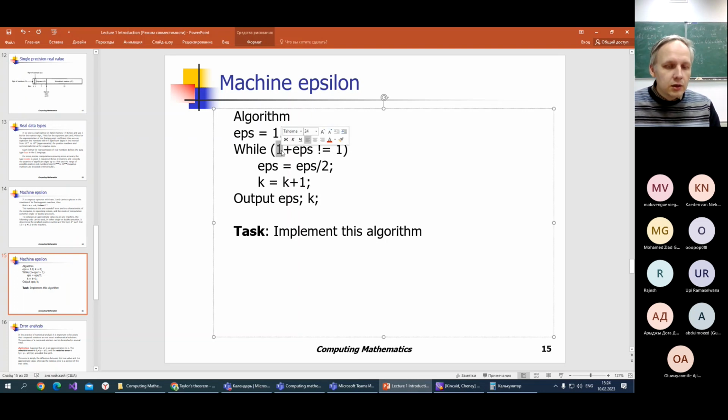Then 1 plus 0.5 is 1.5. Is it equal to 1? No, and we divide it over 2. And so on. We decrease epsilon, and after several steps, epsilon will be such a small number that 1 plus epsilon will be equal to 1, and this loop will terminate. So it means that epsilon is not a specific number.